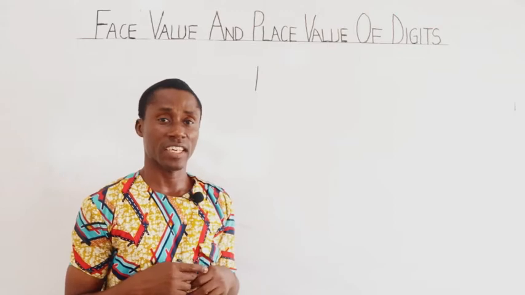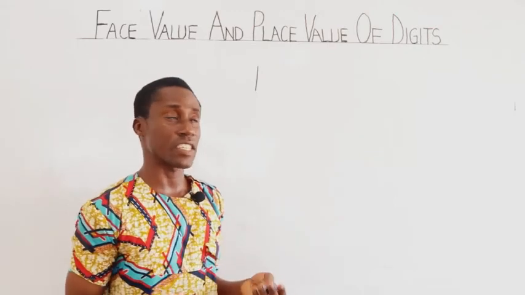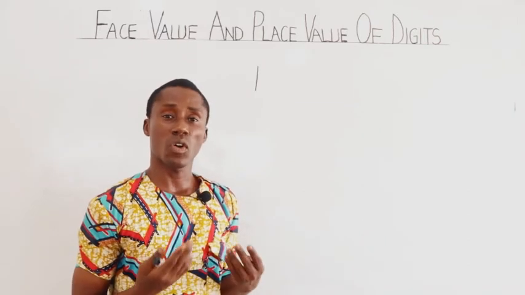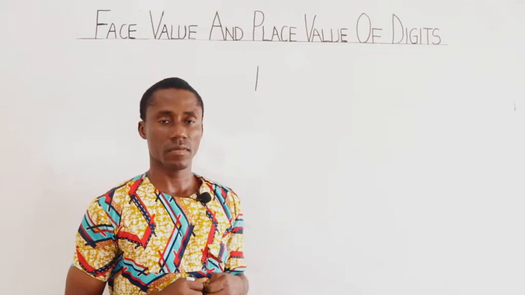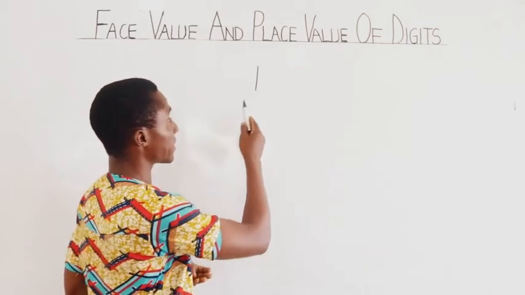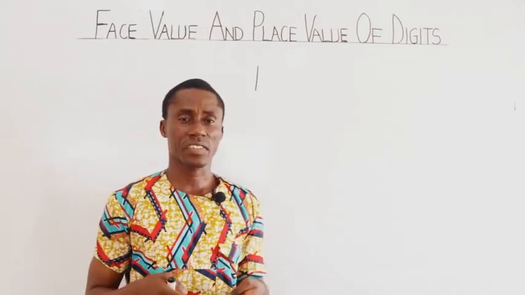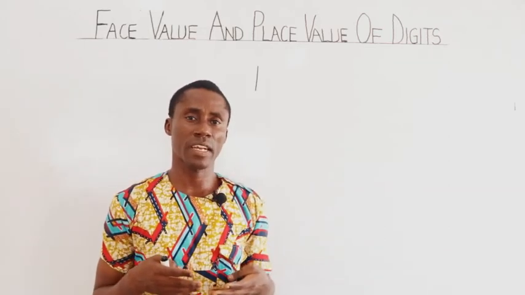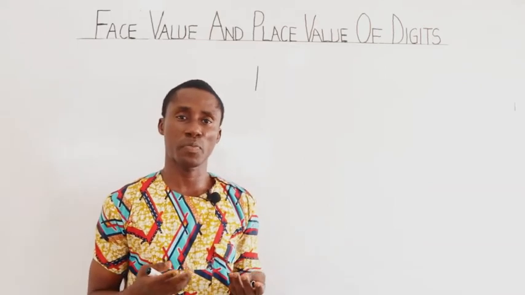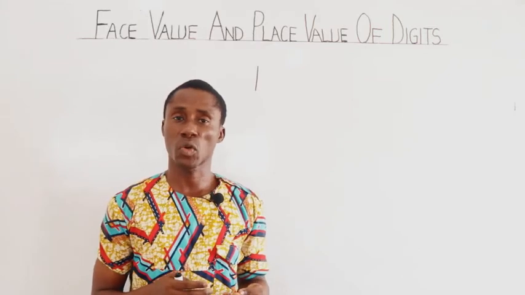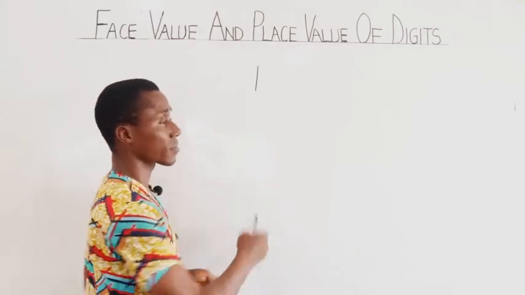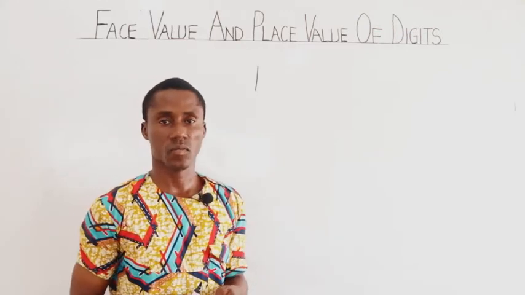We can also say the face value of the digit 1 is the actual value of the digit 1. We can also say the face value of the digit 1 is how much 1 is. And 1 is simply 1. And therefore, the face value of the digit 1 is 1.